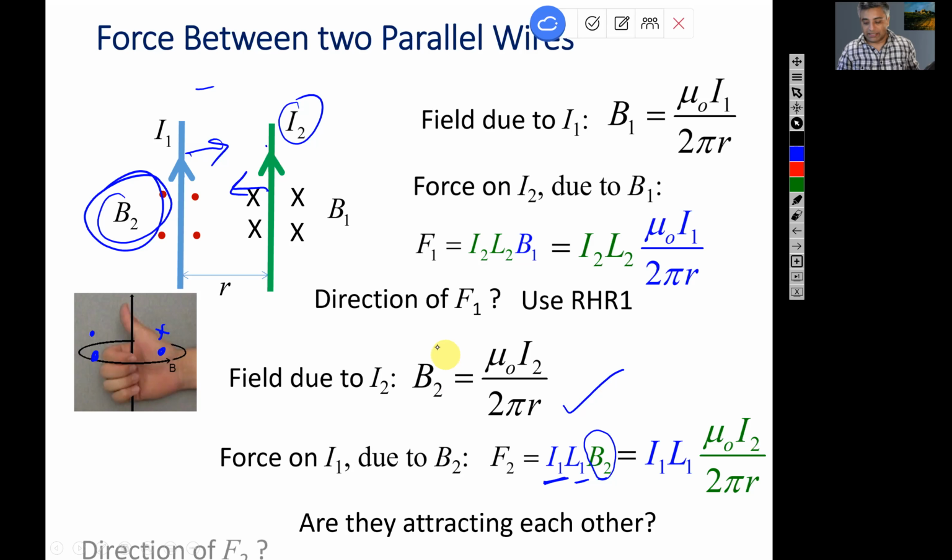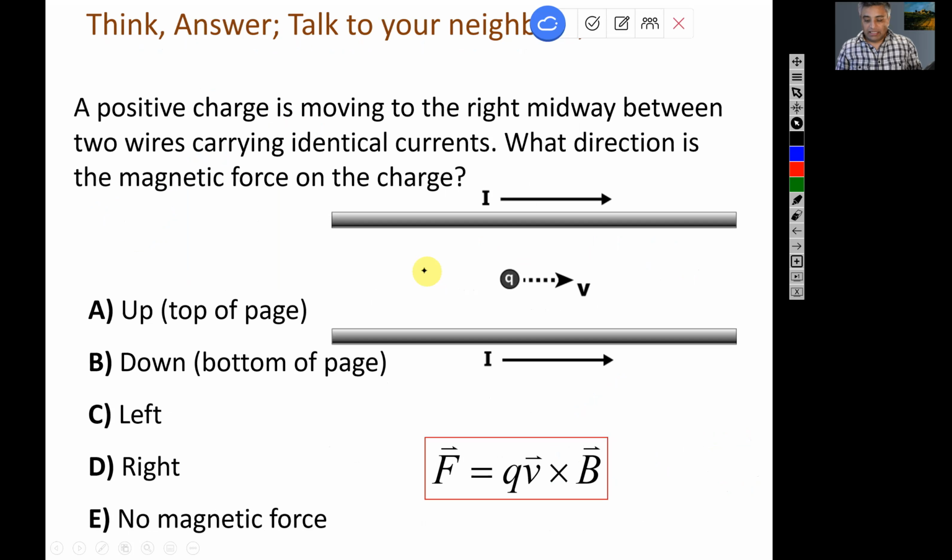Okay, so that's about the force. Now here is a question for you. Two wires, current is flowing in the same direction, but now the charge is exactly at the middle and it's moving with speed v, okay? So what is the direction of magnetic force?